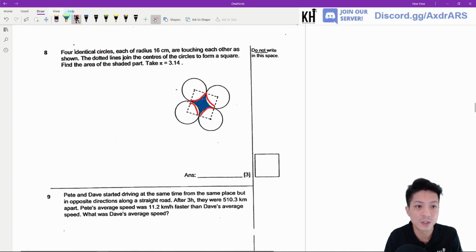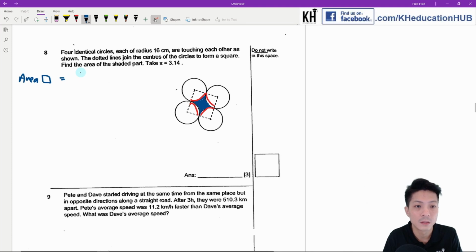The area of the square: the radius is 16, so this is 16, 16, which means that it will be 32 times 32.